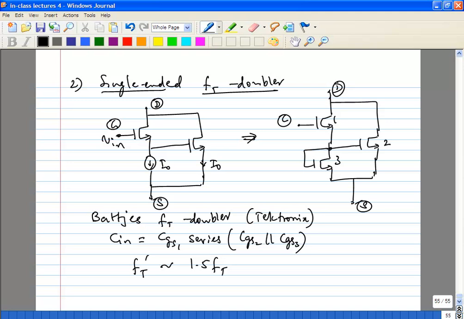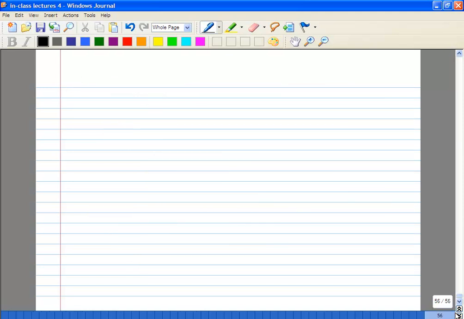Mainly because these circuits don't depend on whether you have short channel effects or not. If you just take a single transistor and double the current, you'll go more into velocity saturation, whereas in this case you don't have that problem directly. Okay, so that is for FT doubling.